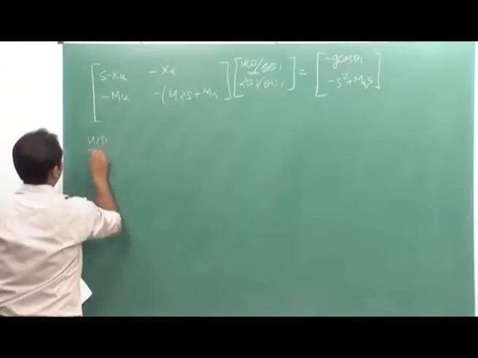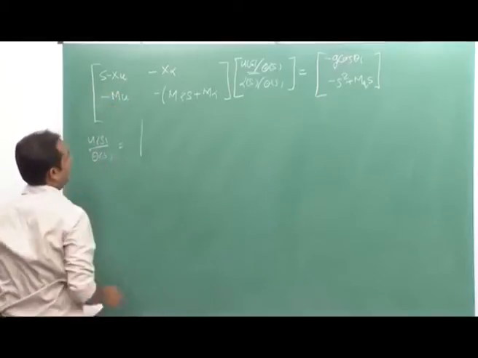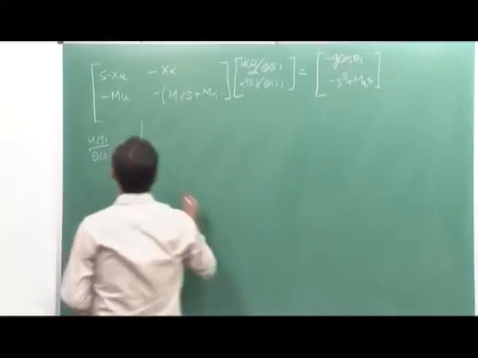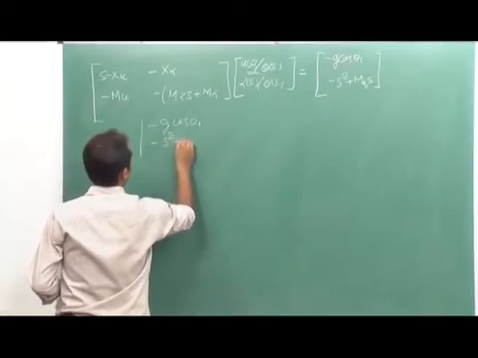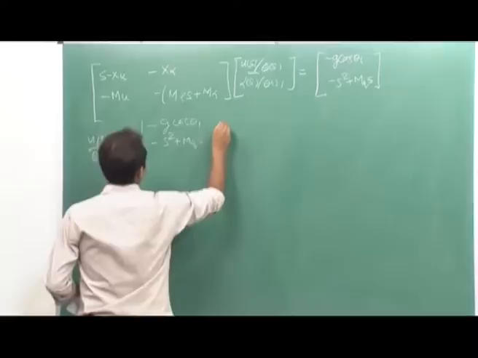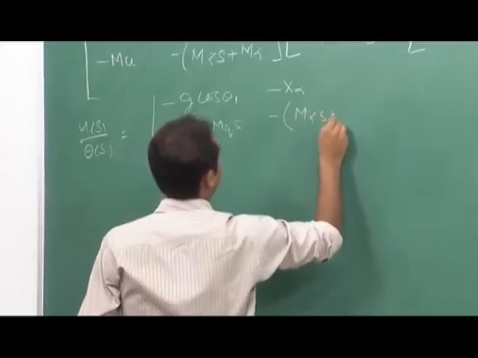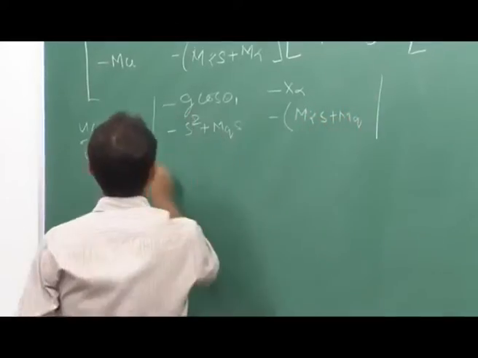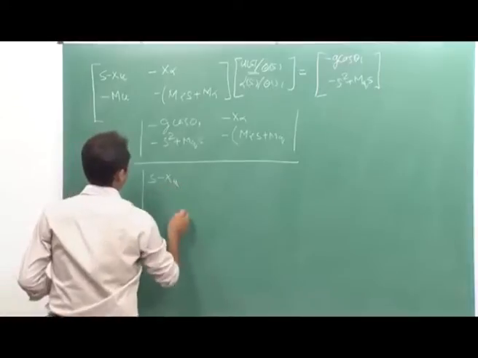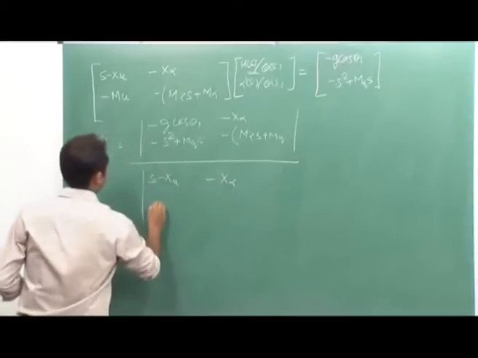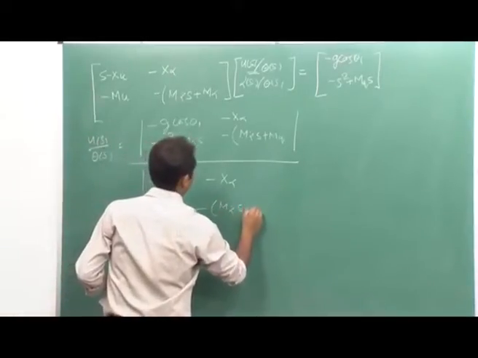So, u of s upon theta of s will be the determinant of replacing this first column by the value of this matrix, that is minus g cos theta 1 minus s square plus mq s, minus x alpha, minus of m alpha dot s plus m alpha, divided by the determinant of this matrix, s minus xu, minus x alpha, minus mu, minus m alpha dot s plus m alpha.